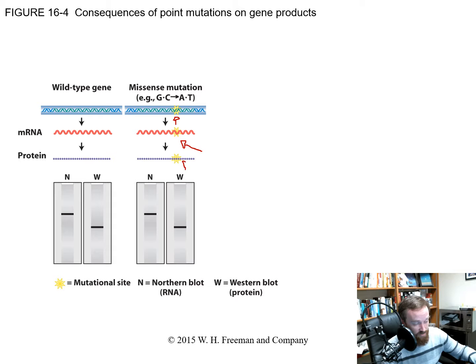And then we have a protein in which one amino acid is changed. Remember, these missense mutations are changing just a single amino acid, thus it is changing a single codon. So we have a protein that is slightly different because it has one amino acid that has been changed.